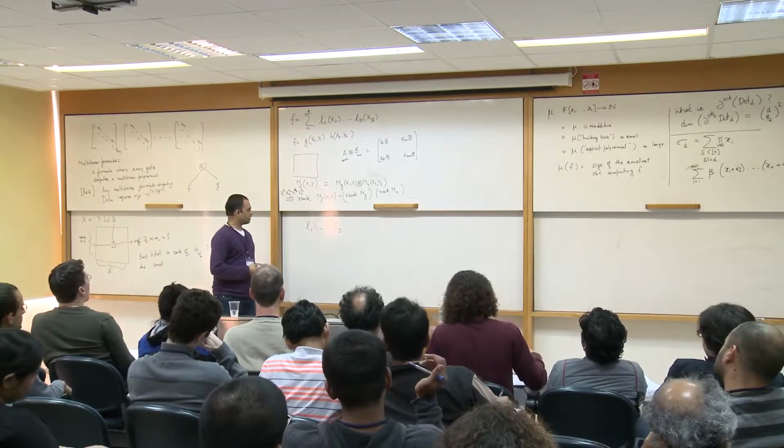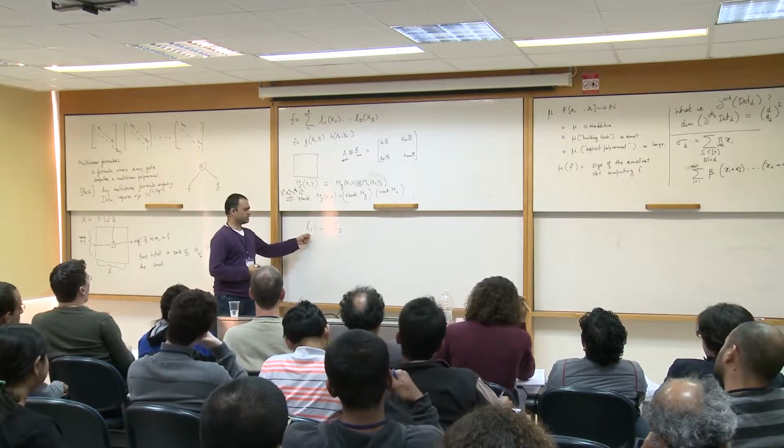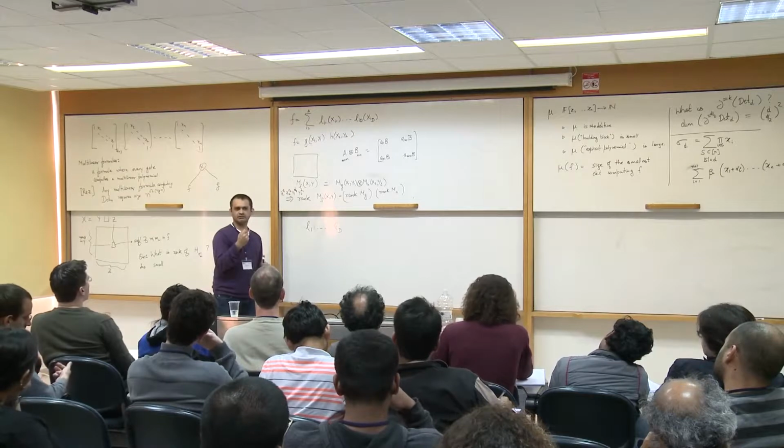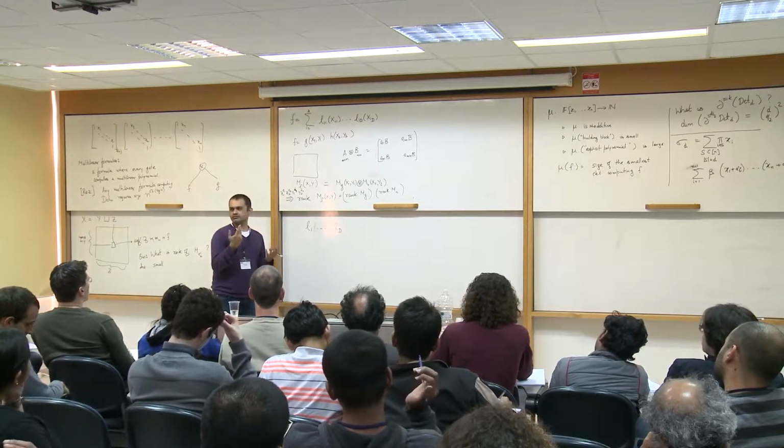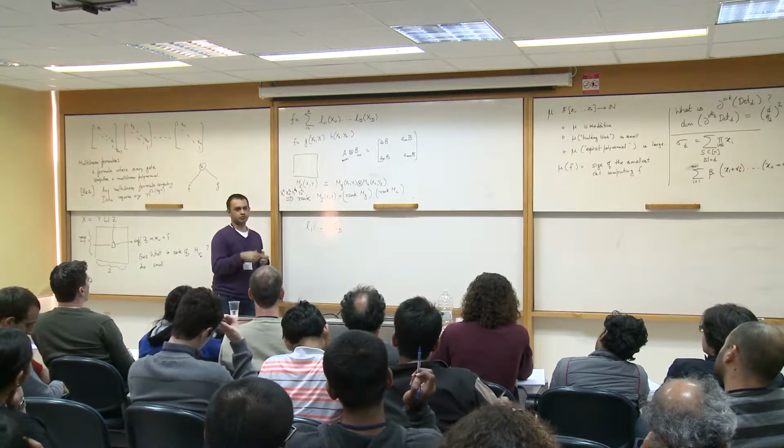Now, what is the rank of the partial derivative matrix for one Li? What can it be? The rank can be at most 2.